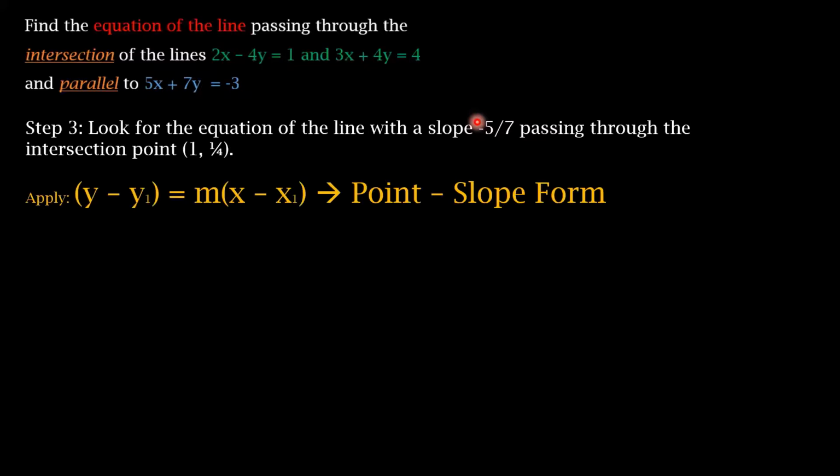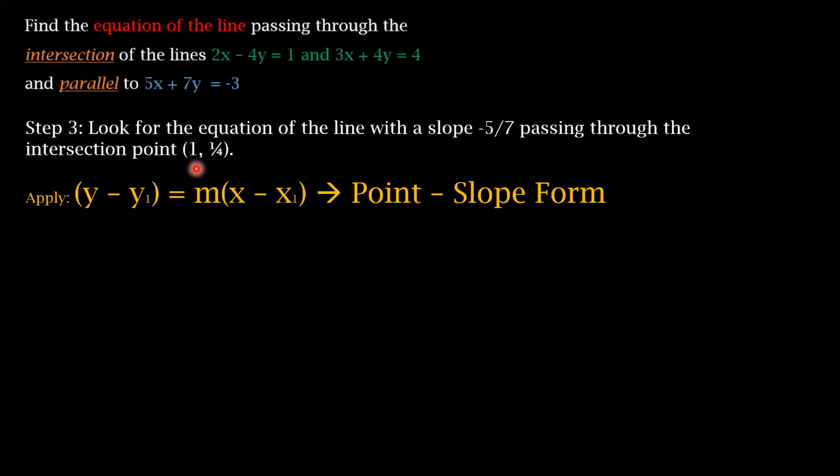We apply the point slope form, because we have a point and we also have the slope. The point slope form formula is y subtracted by y sub 1 is equal to m times x subtracted by x sub 1. Again, m refers to the slope, and the y sub 1 and the x sub 1 will represent your point.